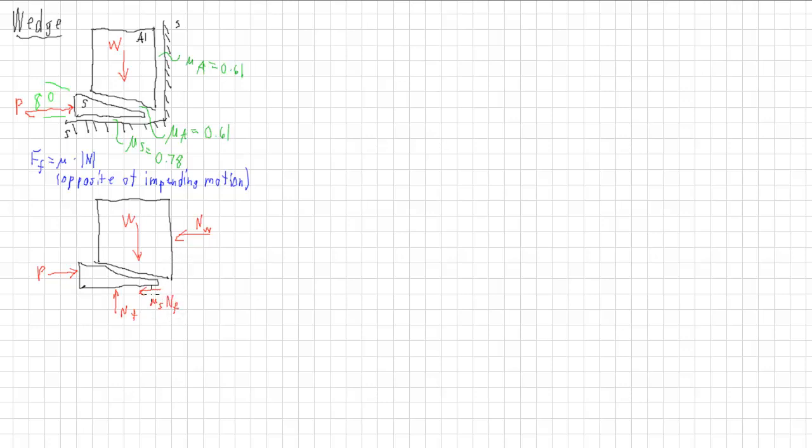Now it's going this direction because we have decided that we're going to be pushing this wedge to the right. Now if we were trying to figure out how much force we need to apply so that the weight comes down, then we would have a frictional force that's going the opposite direction.